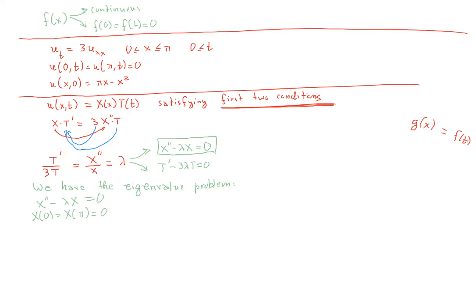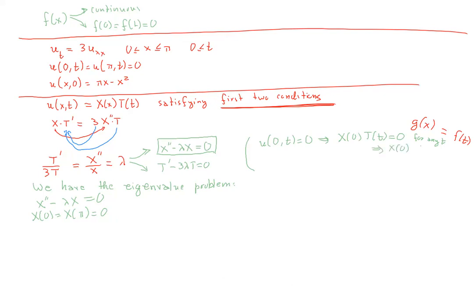Now, why is it true that X of 0 and X of pi have to be equal to 0? For a very simple reason: because u of 0 comma t being equal to 0 implies that X of 0 times T of t has to be equal to 0. The only way that this can be true for any t is if the function T is 0, which we don't want, because we want to find non-zero functions, or if X of 0 is 0.